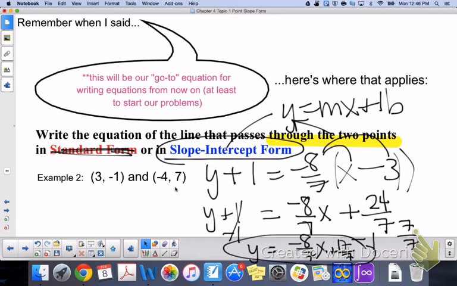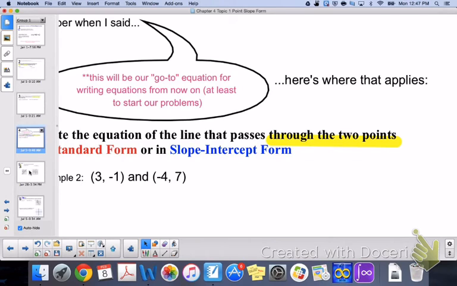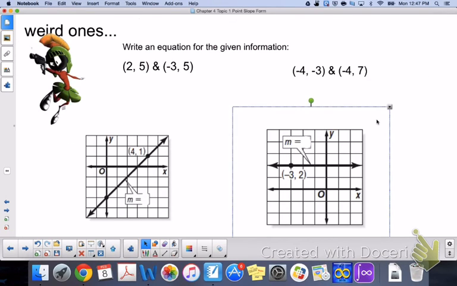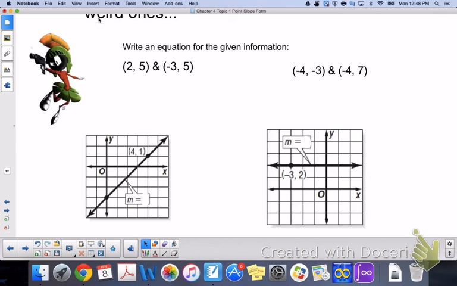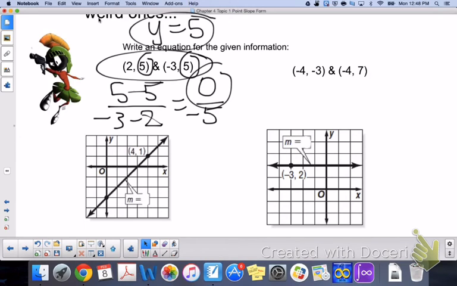All right? So there's that one. And we have a couple more examples. These two right here, these are weird ones because they're just weird. This one, when we find the slope, y minus y over x minus x, that's a 0 slope. Okay, 0 over negative 5, that's 0. If you look, both are y, so your equation is y equals 5.